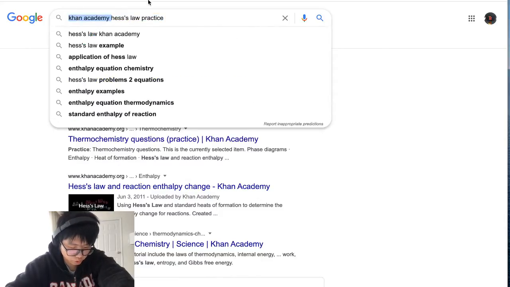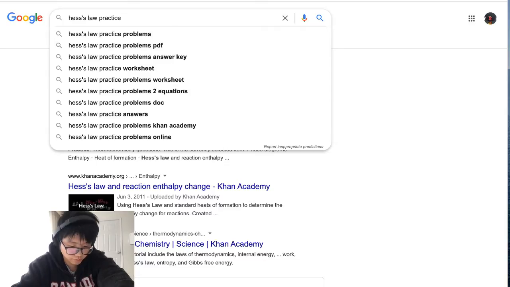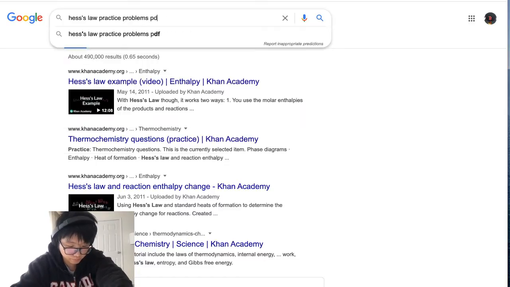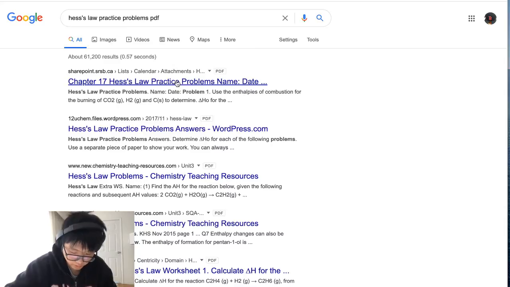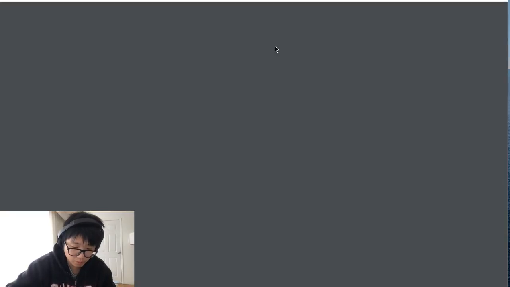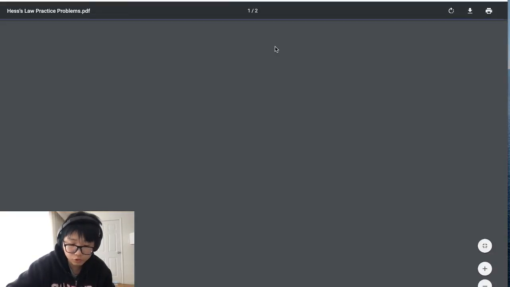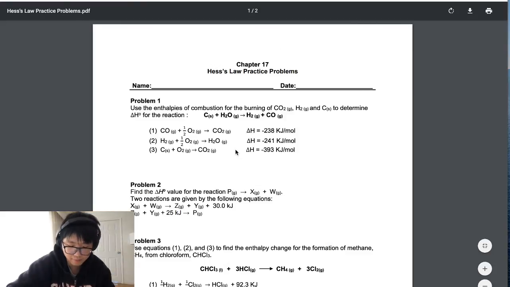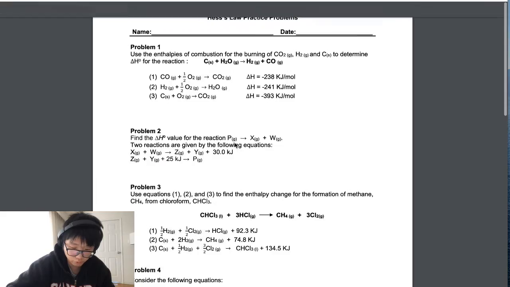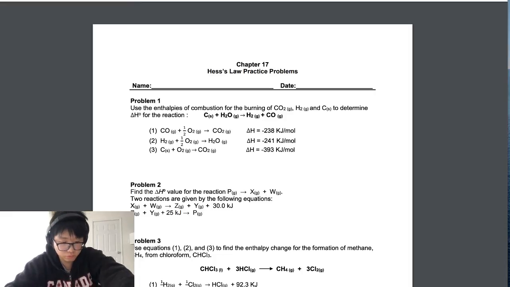Yeah, I'll probably give you a whole worksheet. She didn't give you enough practice, right? Oh, just one. Okay. Yeah, this one is more complicated because most Hess's law questions like this would usually have 3 or even 4 equations.